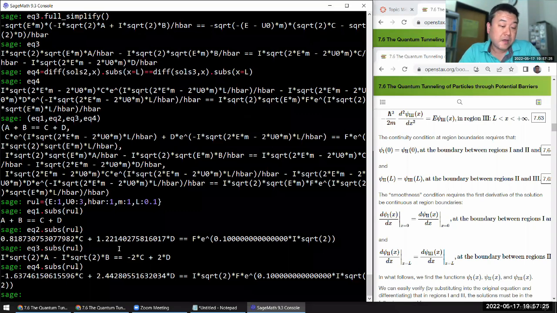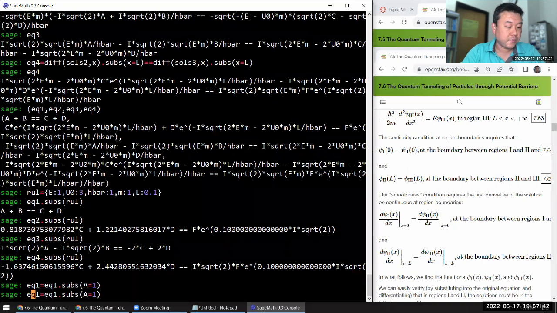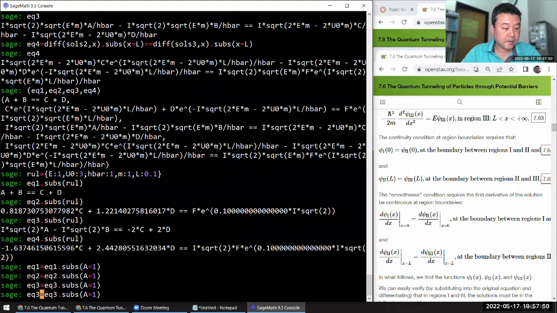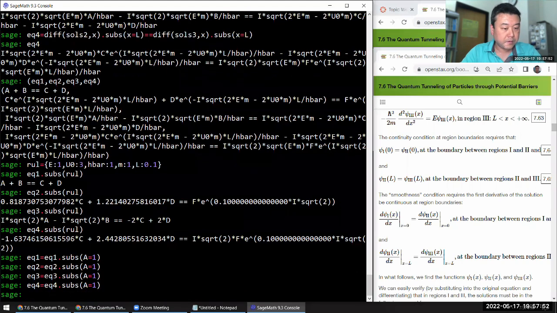I can say, okay, we'll say A is equal to 1. So we are normalizing with respect to the incident wave. So I'm going to say equation 1 is equation 1 with A substituted in for 1. And same thing for equations 2, 3, and 4.